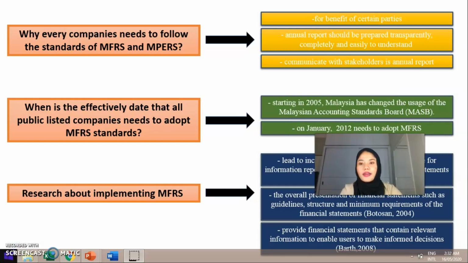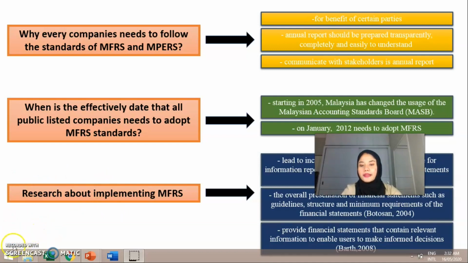When is the effective date that all public listed companies need to adopt MFRS? Starting in 2005, Malaysia changed the usage of the Malaysian Accounting Standards Board standards. On January 1st, 2012, all public listed companies needed to adopt MFRS.